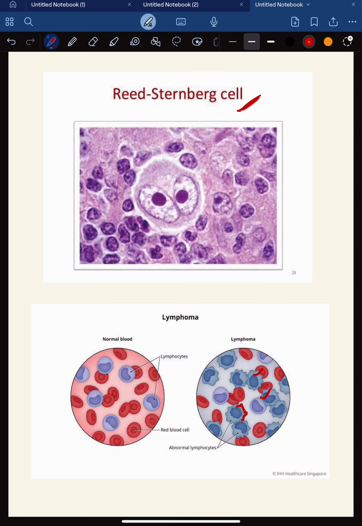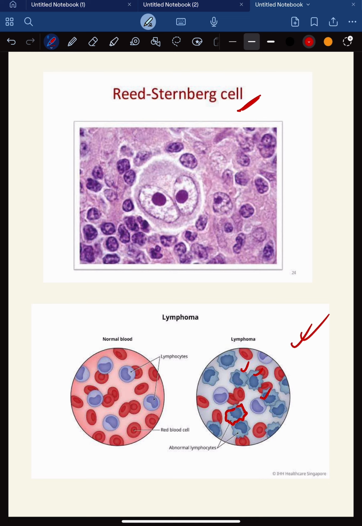The nucleus will be irregular and the cell will be prominent and irregular. This is a feature of a non-Hodgkin cell. So be clear: the Reed-Sternberg cell represents Hodgkin lymphoma, and this is non-Hodgkin lymphoma.